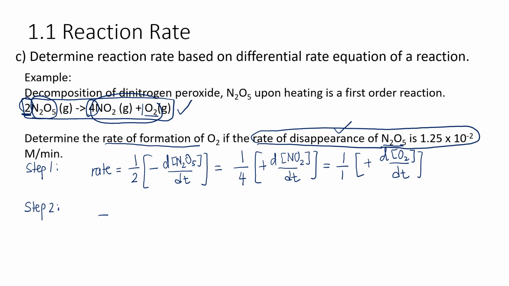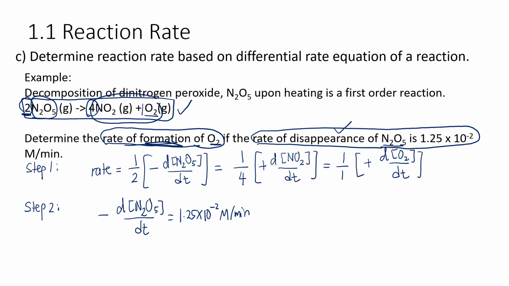So negative change in concentrations of N2O5 with time is equal to 1.25 times 10 to the power of negative 2 molar per minute. And in the question, we want to find the rate of formations of O2. Rate of formation indicating that oxygen is the product, and therefore it will continuously be produced as the reactions proceed.